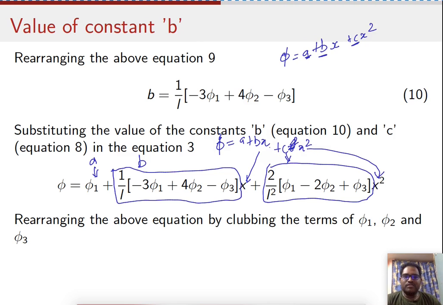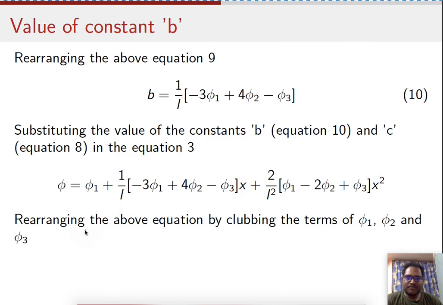Now we have to just rearrange it so that we are going to have the terms phi 1, phi 2 and phi 3. Right, so stating so, we are going to have phi is equal to phi 1, we will take it as a common outside. So this phi 1 is present over here, so we will put the term 1.